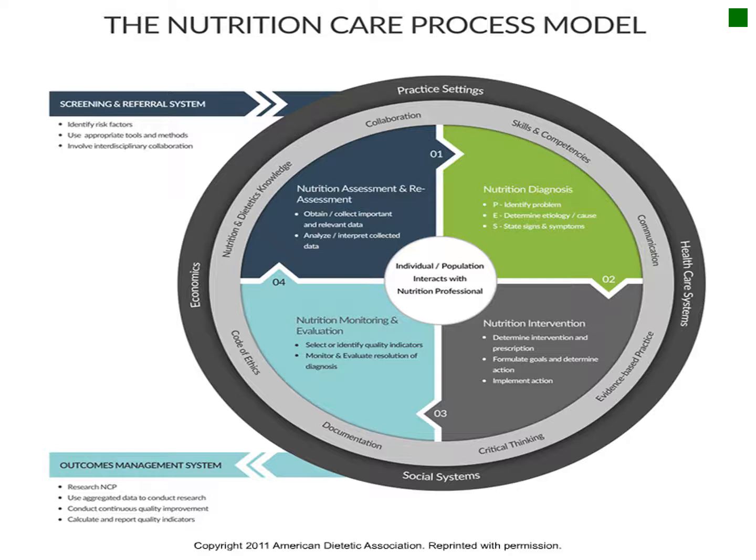Additionally, the NCP established a more standardized method of assessing nutritional status, diagnosing nutritional problems, and drafting an intervention plan to promote improved nutritional status. Each step of the NCP has corresponding terminology that allows for standardized documentation in the EMR. This terminology is referred to as the International Dietetics and Nutrition Terminology, or more currently, the NCP terminology.